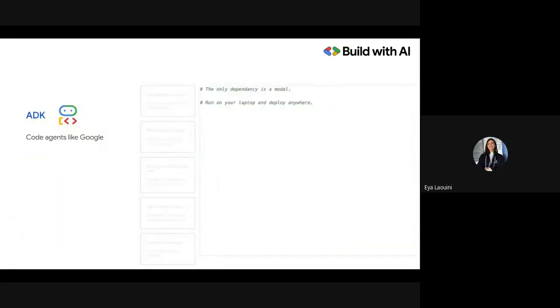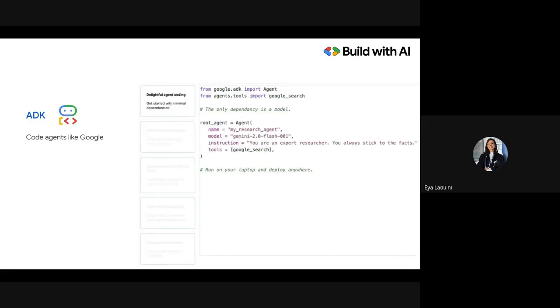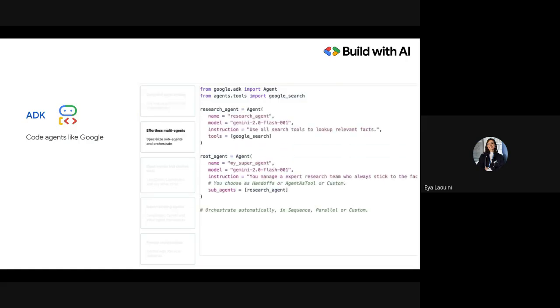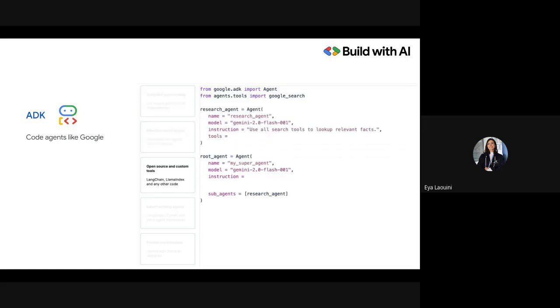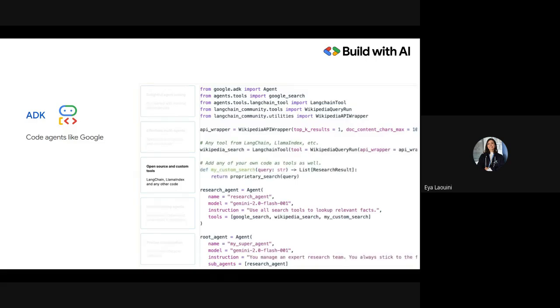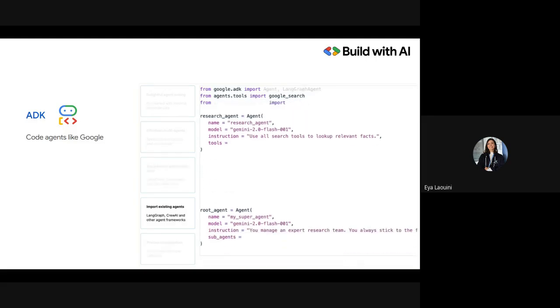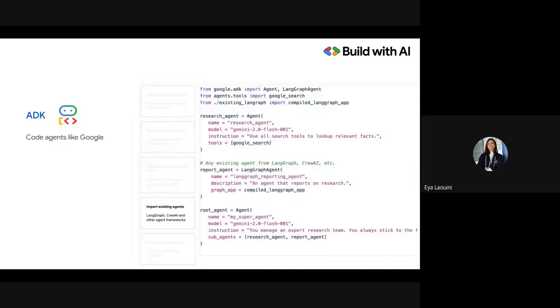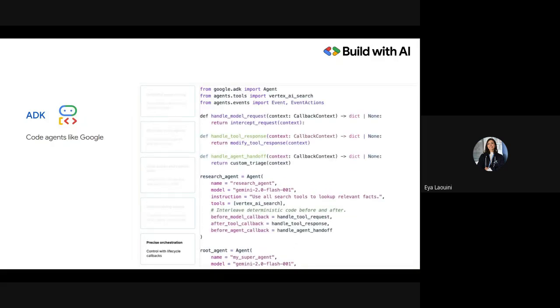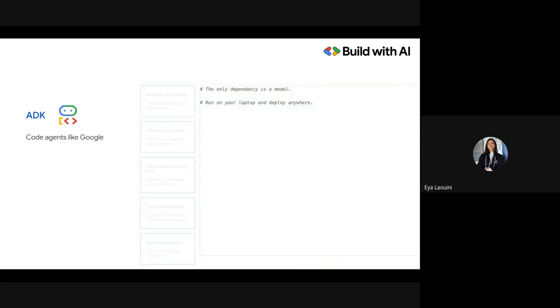Okay, this is also to show you a piece of code related to each step. So how we can define an agent, how we can define multiple agents. Here we have a root agent, then we have a research agent. Each agent has its name, model, instruction, and the tools that it will use. And of course, we have some basic functionalities to run sessions and track events, etc.